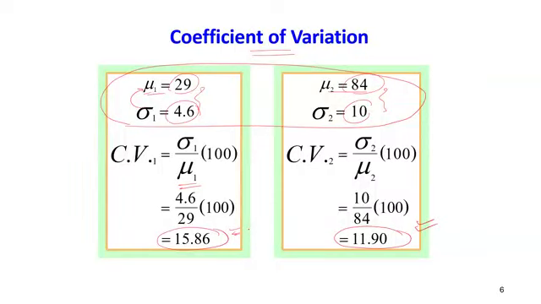So if it is a smaller stock, then possibly you can go with a higher coefficient of variation. If it is a higher stock, if the prices are very high, then you can go with a lower coefficient of variation. So that kind of decision you can make by looking at this coefficient of variation.